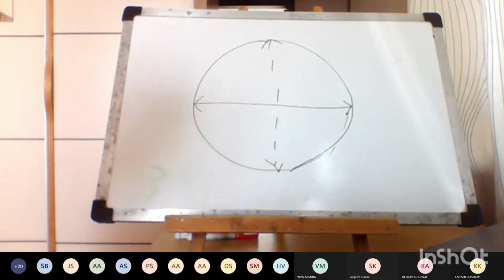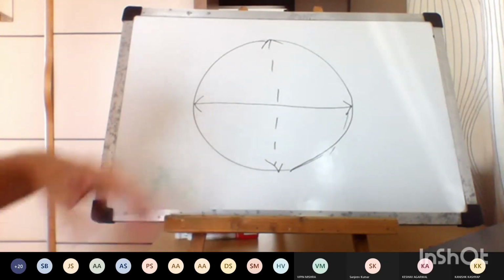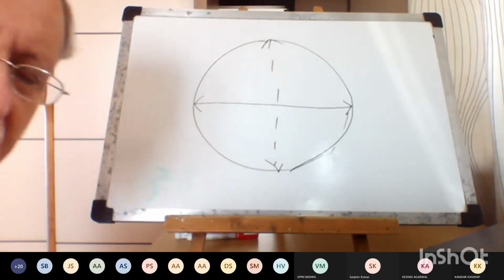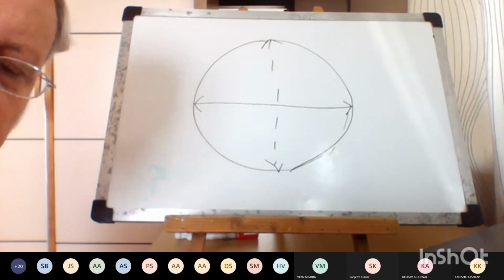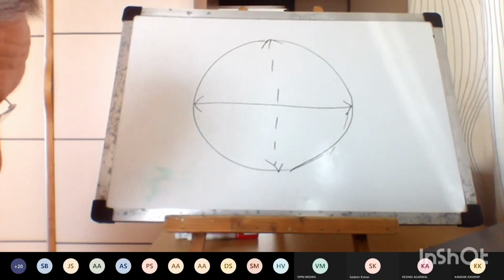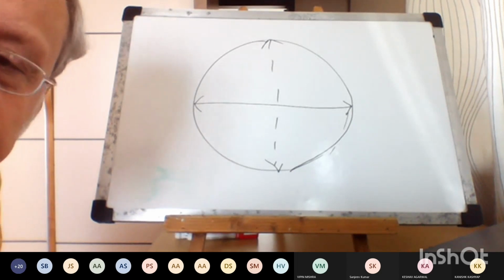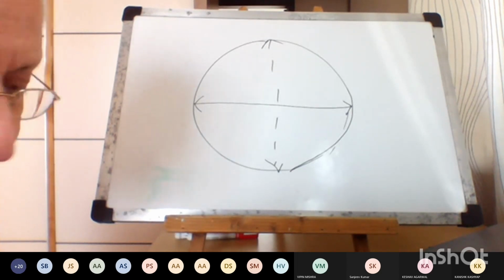The diameter is about 8,000 miles. The difference between this vertical diameter and the horizontal diameter is only about 27 miles. The equator side is slightly longer. Now, in a diameter of 8,000 miles, 27 miles does not make much of a difference, does it?